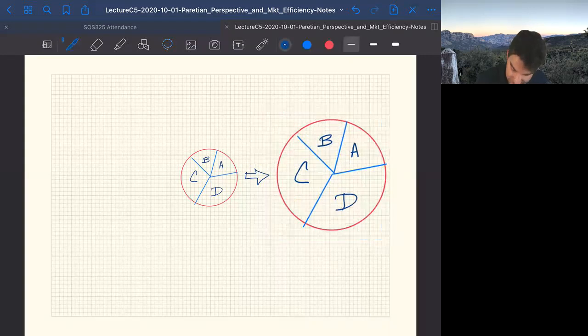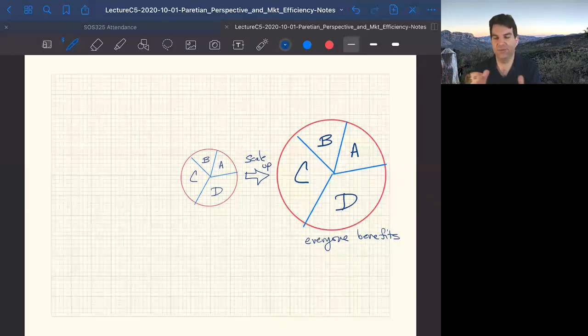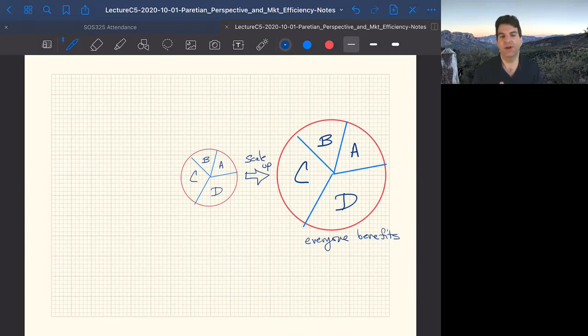And so here, clearly, everyone benefits, and that is one Pareto improvement. It's a Pareto improvement because the proportion stayed the same, but everybody improved based on what they were doing before. But there are lots of other different Pareto improvements that I could also have done.